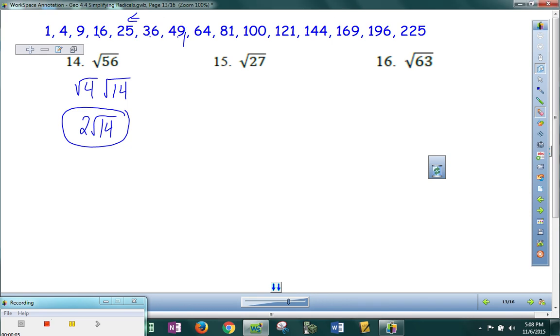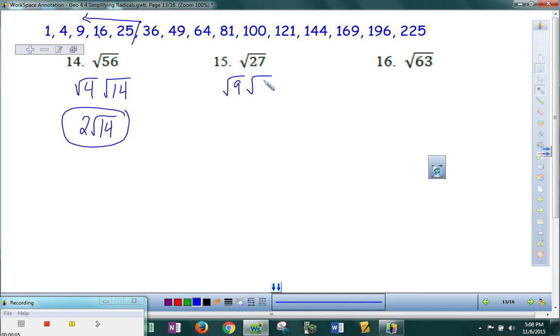So on this next one, we're taking the square root of 27. Again, let's find where it falls on our list here. That's between 25 and 36. Working our way backward, what would be the first perfect square that can be divided into 27? 25 isn't, 16 isn't, but we know that 9 goes into 27, and 9 goes into 27 3 times.